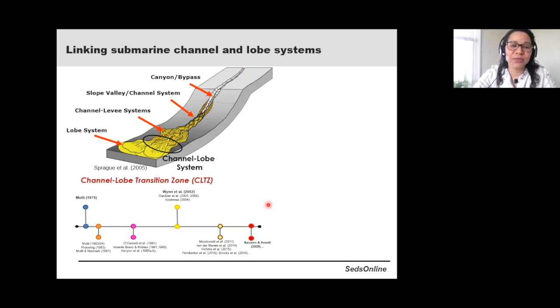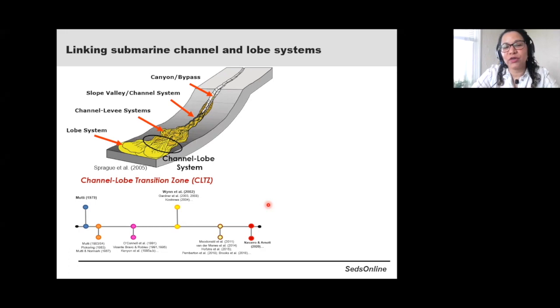And basically every decade there has been a good number of contributions from people working in the CLTZ, which is short for channel lobe transition zone. Many of these people have been working in different parts all around the world in modern and ancient systems. I just put up a timeline of many of those contributions.